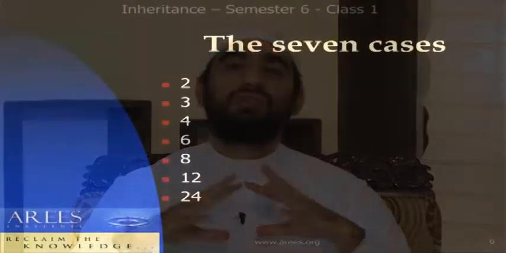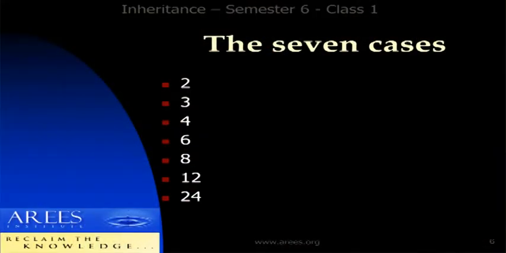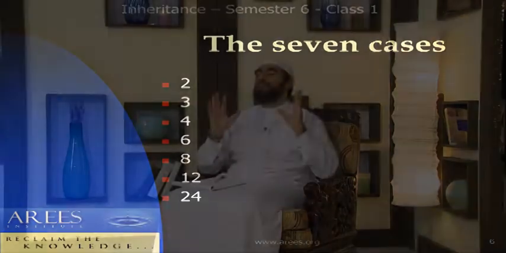These are the origins of the cases. 7 are the origins of the cases. That's what we call ta'sil. Whenever we have a case with only 1 fixed share, then the case is out of the denominator of that fixed share, be it 2, 3, 4, 6, 8, 12, or 24.